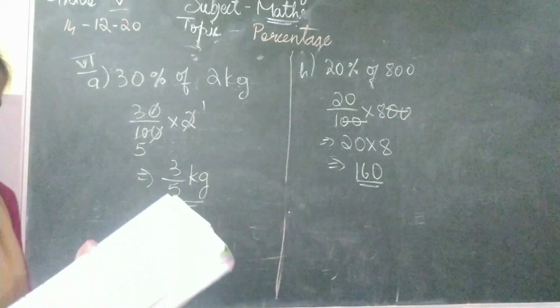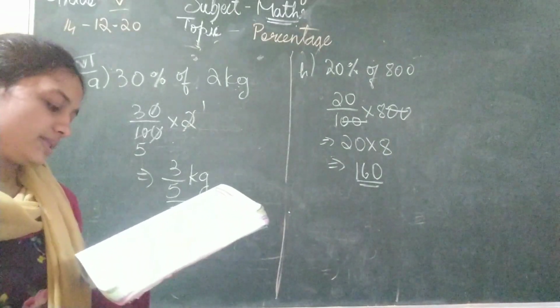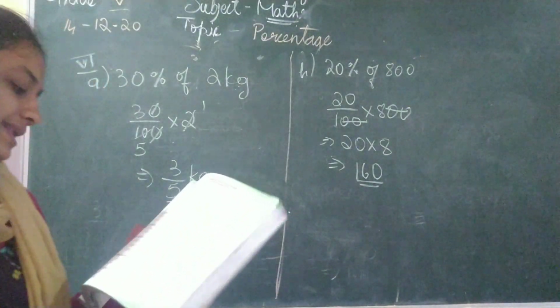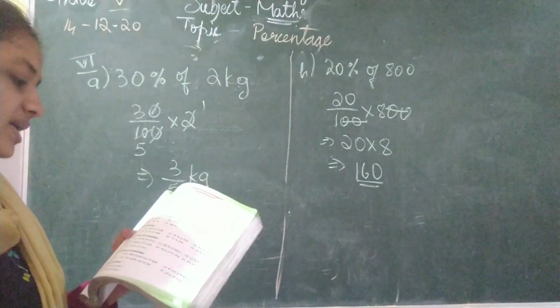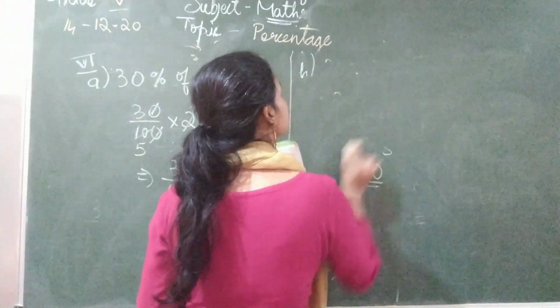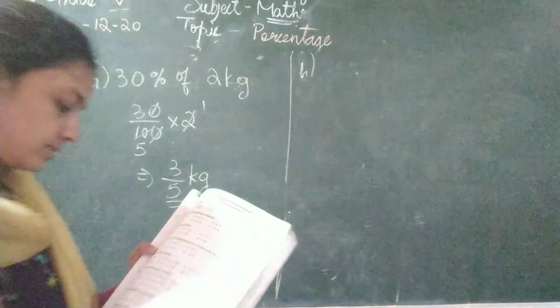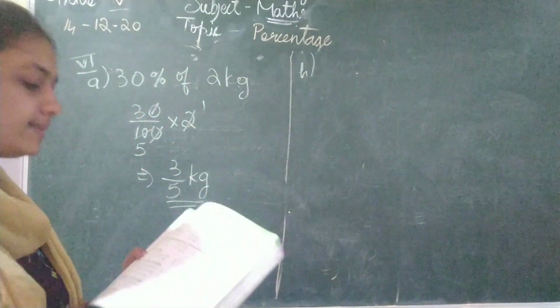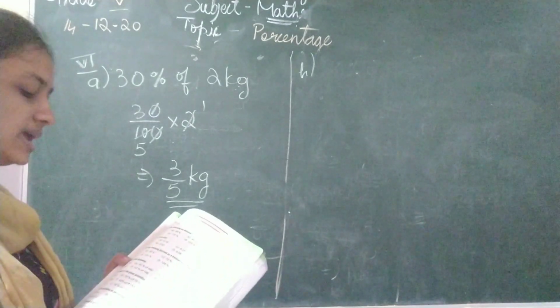So next let me take. Okay, I'll take the last three sums, H, I, J. Okay, I'll take the E sum also for you because there is a mixed fraction. So E, H, I, J, I'll be working out for you.